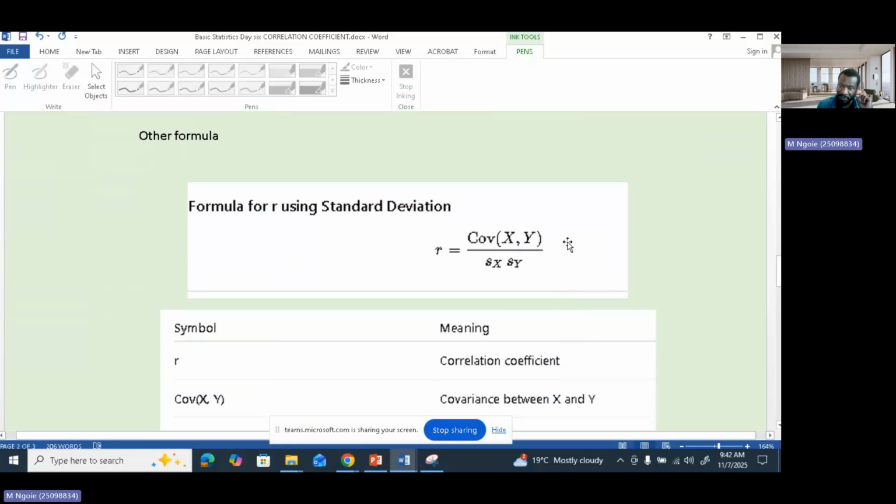It's covariance divided by standard deviation of x times standard deviation of y, right? So there's another way of computing the correlation coefficient. You can go for what we call the second method.